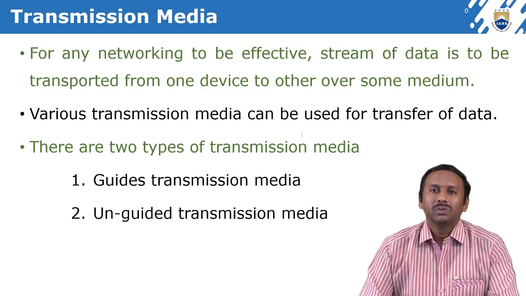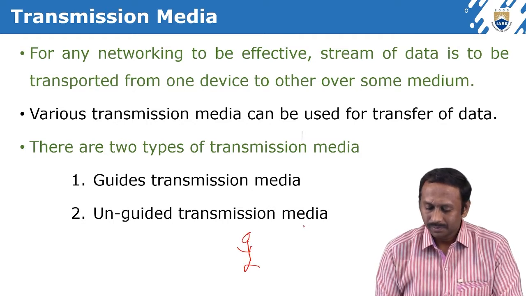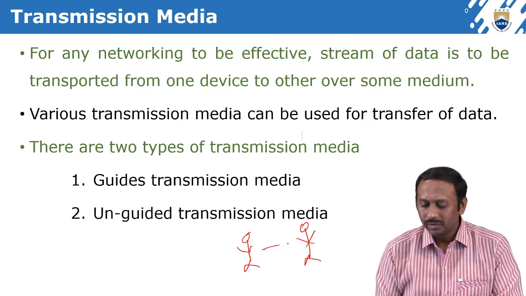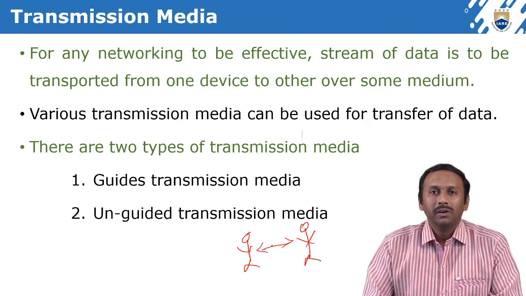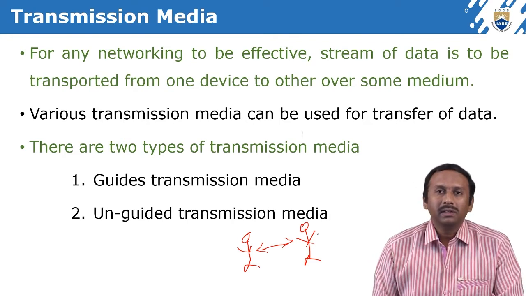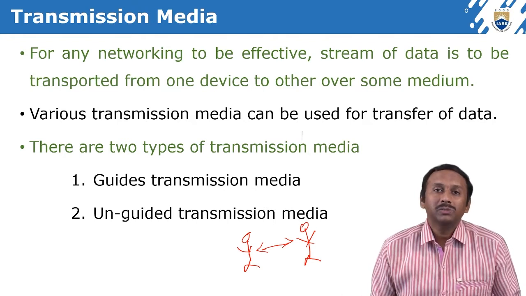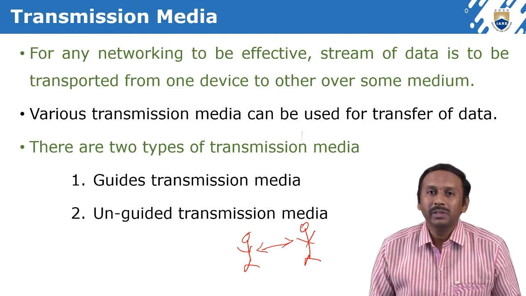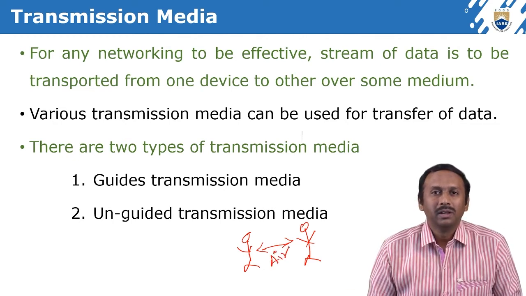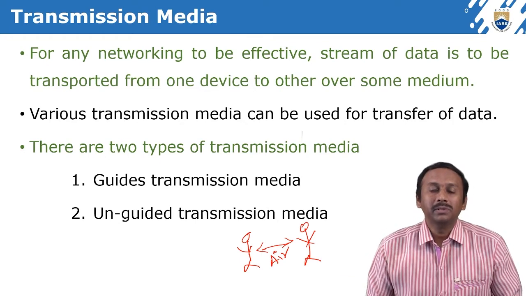For example, there are two persons communicating with each other, speaking to each other and transmitting their ideas. Then what is the transmission medium here? Here the transmission medium is air, isn't it? So if two persons are directly communicating with each other, the transmission medium is air.